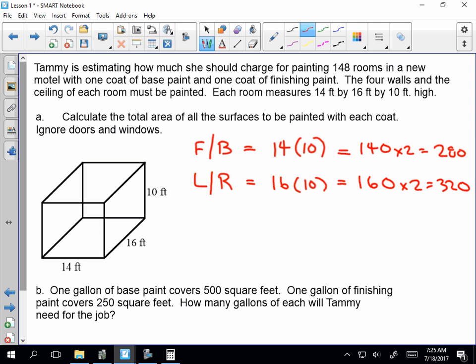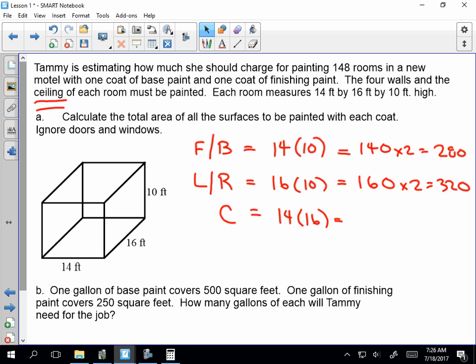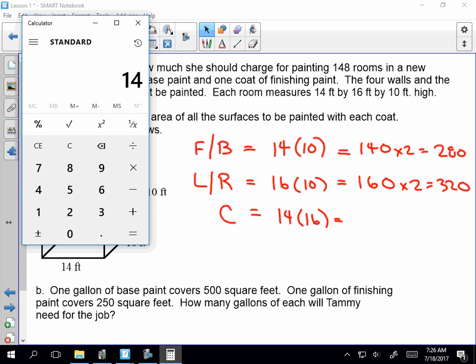and then finally, the last piece that we have, the four walls and the ceiling. The ceiling is one spot. We're not painting the floor. And the dimensions of the ceiling are 14 by 16. So we have to multiply those two pieces together. So we've got 14 times 16.